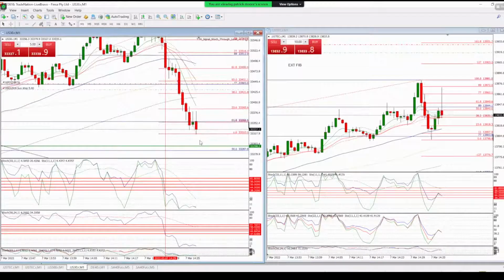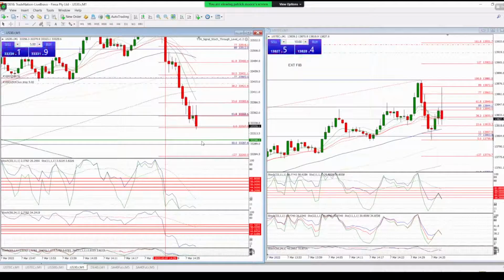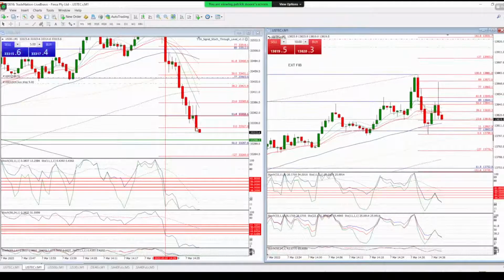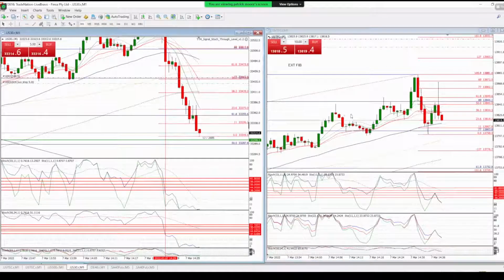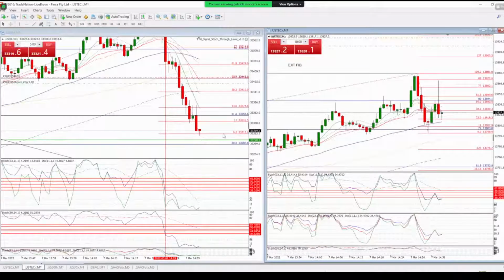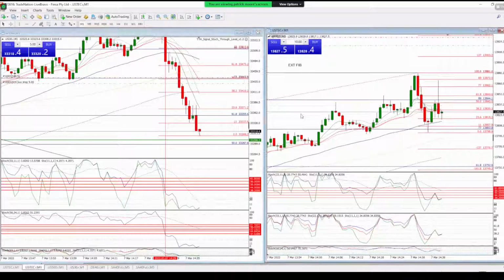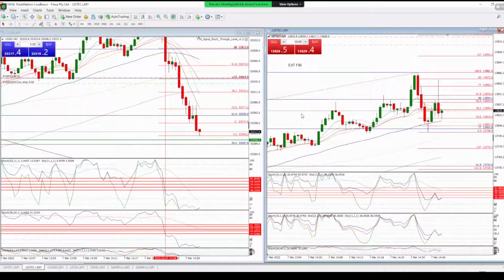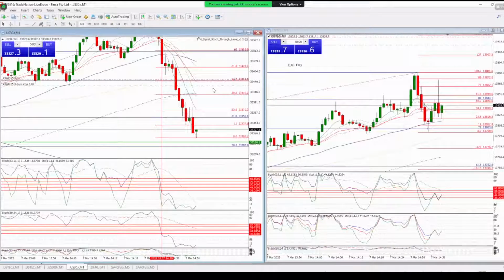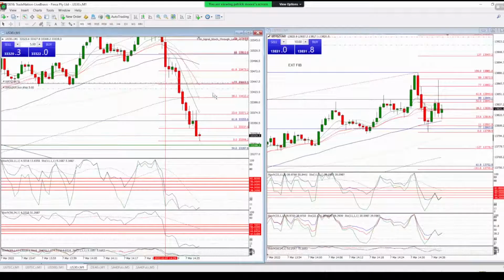Very good chance, I think, of getting to the opening price level of the morning on the Dow. My buy stop is going to move down to the 38.2.